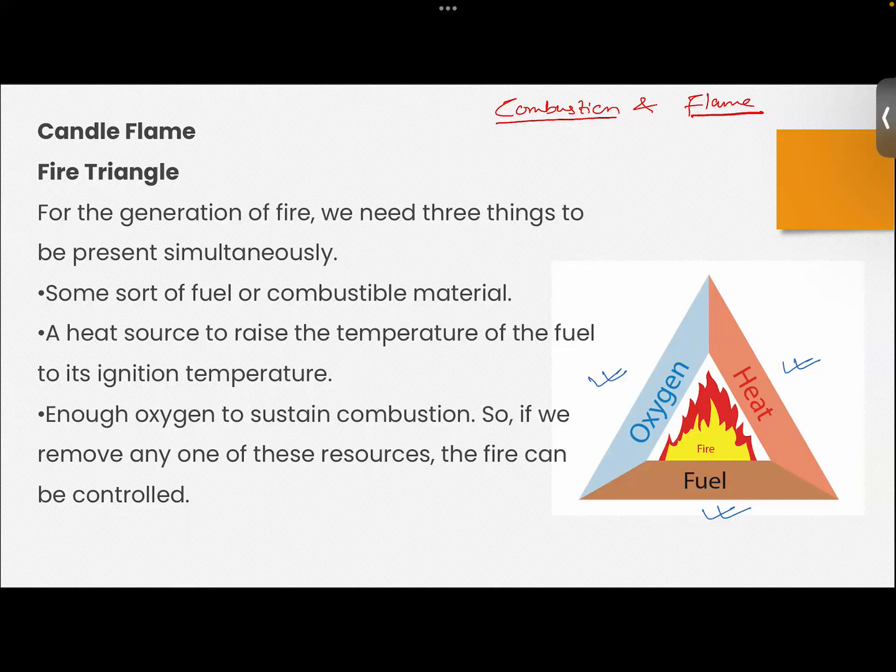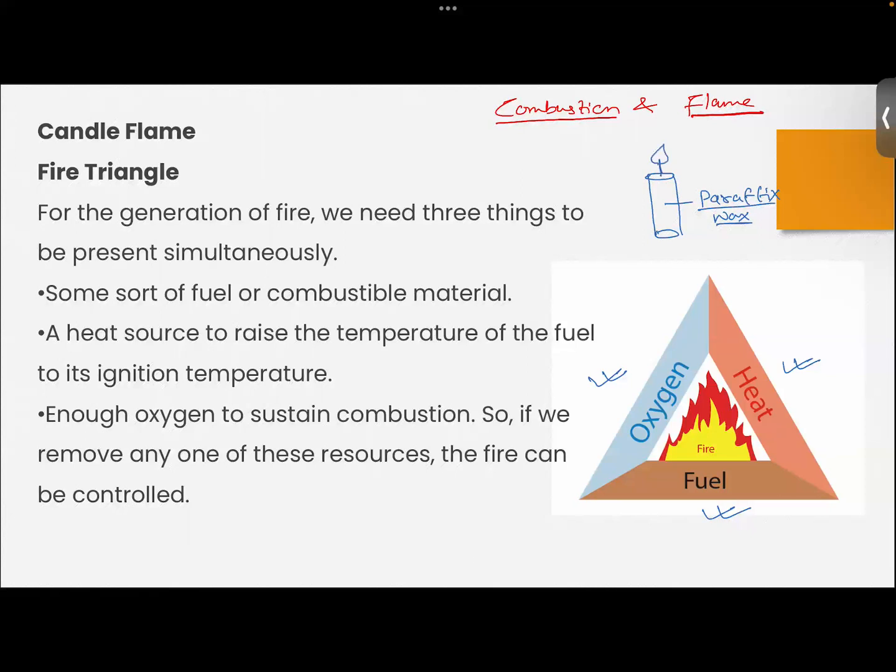Suppose you have got a candle here. Candle is made up of basically paraffin wax, right? We talked about paraffin wax in the previous chapter. Paraffin wax comes from distillation of petrol, right, guys? So when you burn it, what happens?